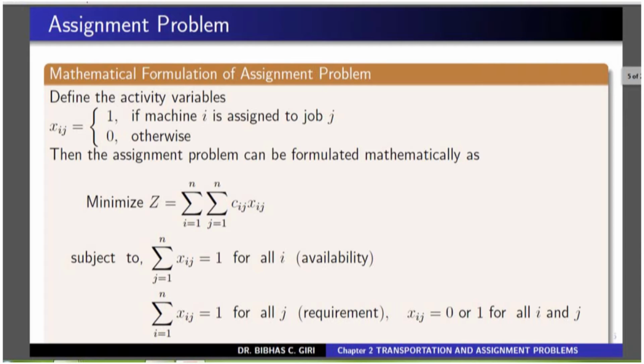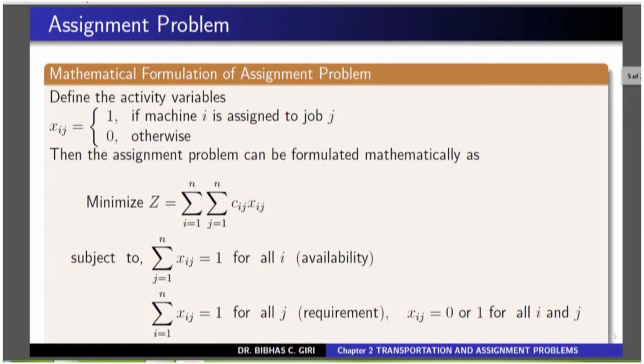Then the mathematical model for the assignment problem can be stated as shown in the slide. The cost of assignment is the summation over i equal to 1 up to n, summation over j equal to 1 up to n, Cij Xij, which is to be minimized in this problem.